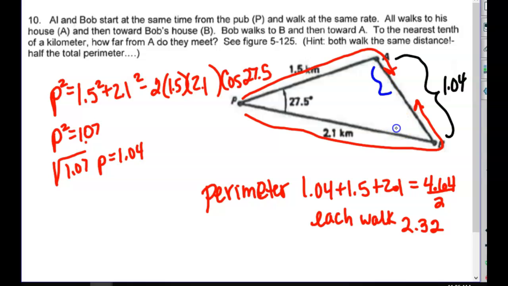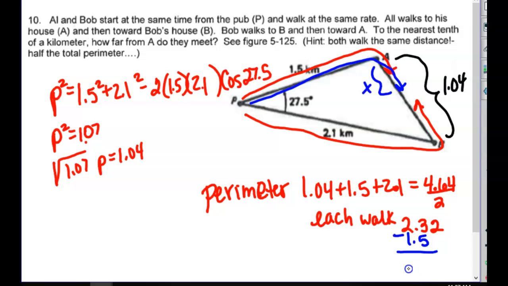How could we do that? Means Bob, no, this isn't Bob, this is Al. Al walks here to here, right? So we want this little bitty piece, so Al walked half of this minus the 1.5 it took him to get down that street.